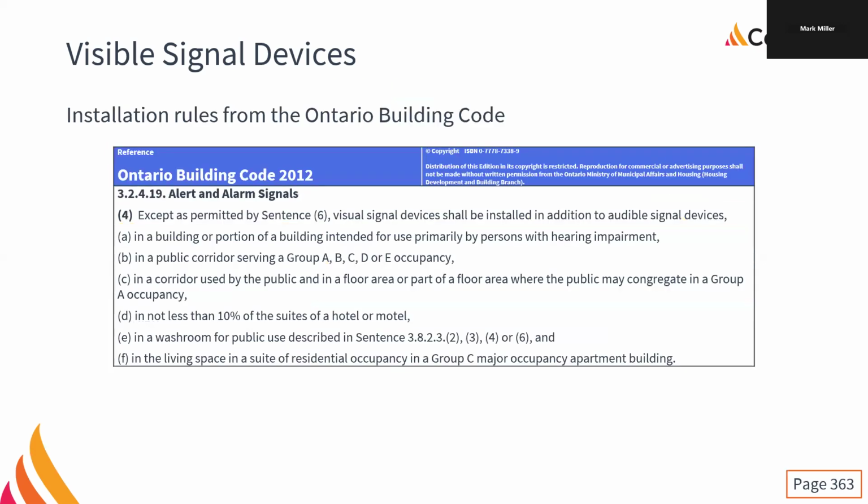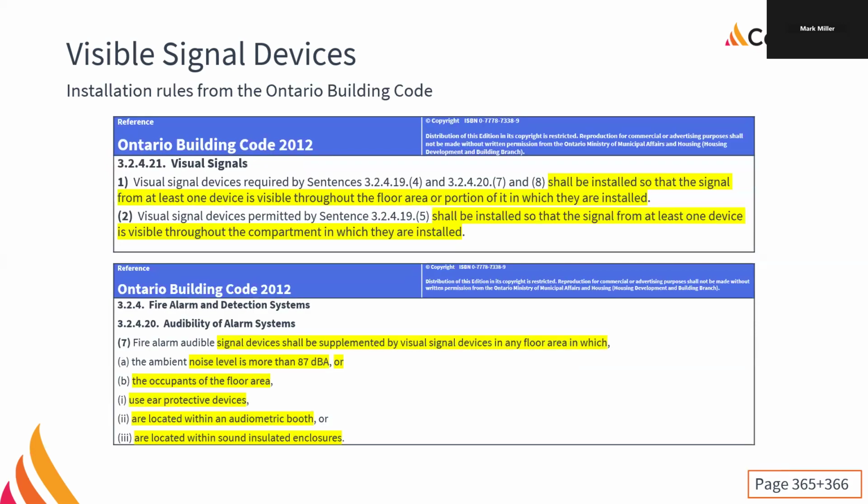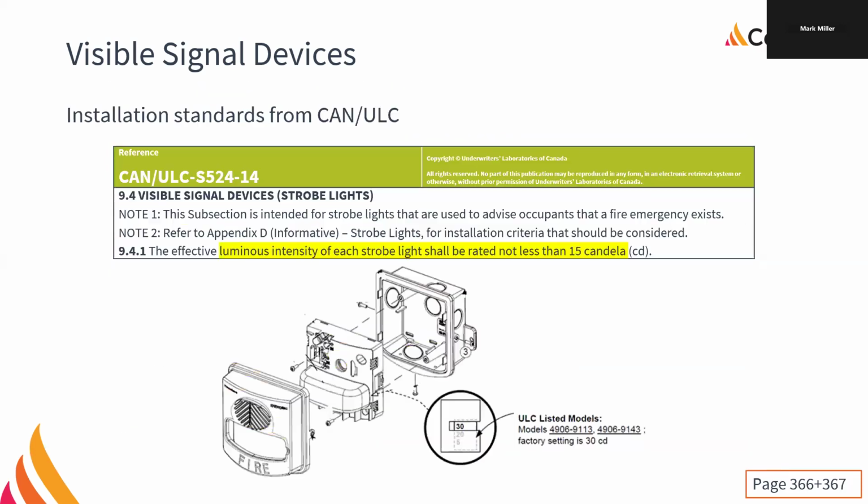We have all these requirements. 10% of the suites of a hotel or motel, public washrooms for public use. Any washroom that is intended for public use has to have strobes, and the living space in a suite of residential occupancy in a group C major occupancy apartment building. Right, 3.2.4.19 alert and alarm signals. Good one to be aware of. It's a pretty important one.